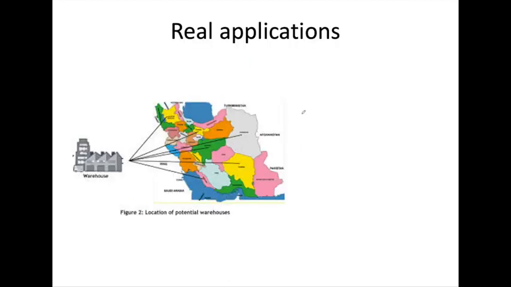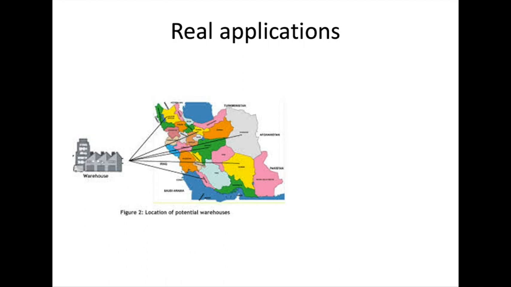One of the applications of this is a real application called the warehouse location problem, which is trying to identify the best possible location for a number of warehouses that a particular company wants to open. Imagine Tesco, for example. They need to create warehouses, and those warehouses must be close to the shopping centers, the points that they have.